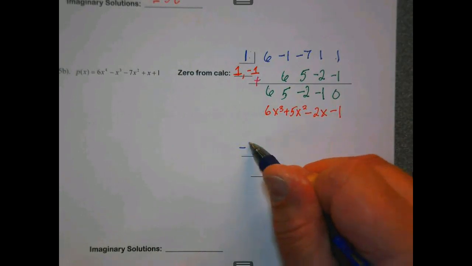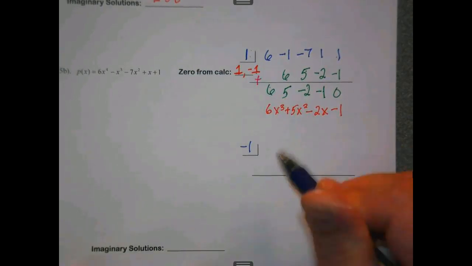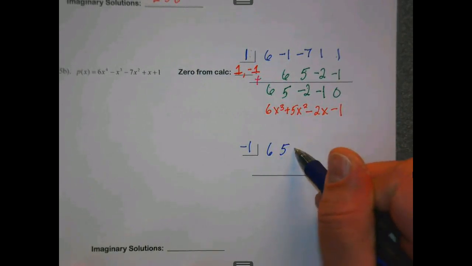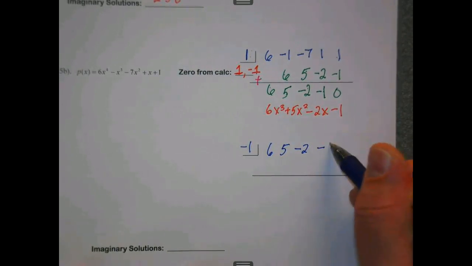And I'm going to use -1, my other zero, for 6, 5, -2, and -1.